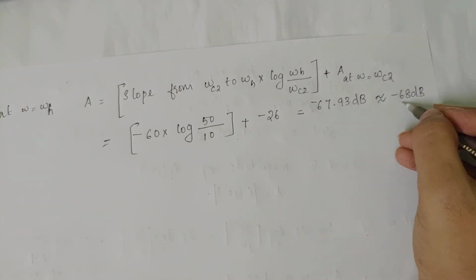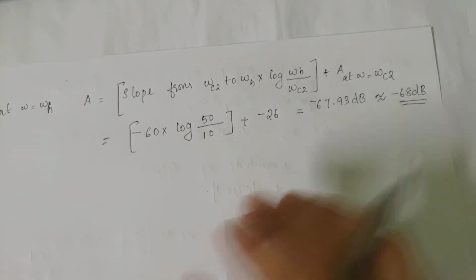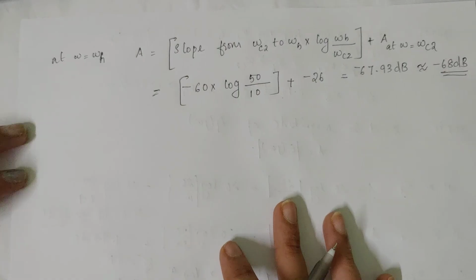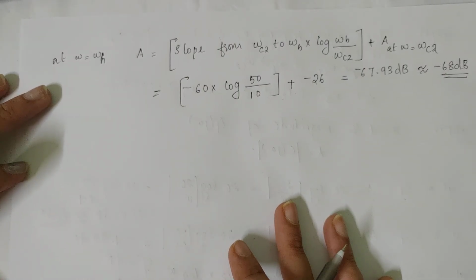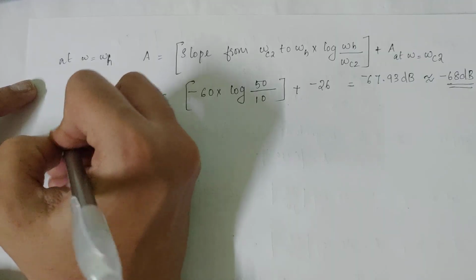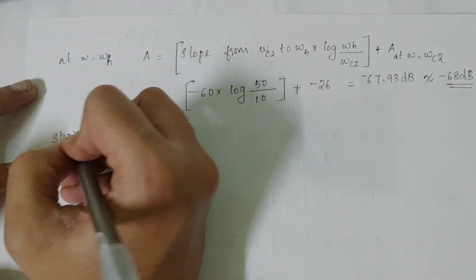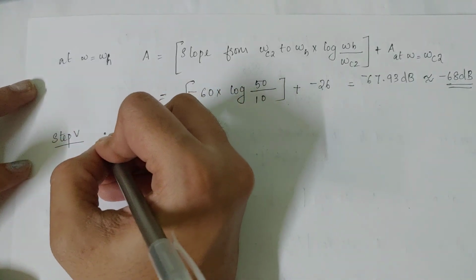Okay. So, I have got all the values of magnitude at omega L, omega C1, omega C2, omega H. Okay. Now, step 5 is plot the magnitude.